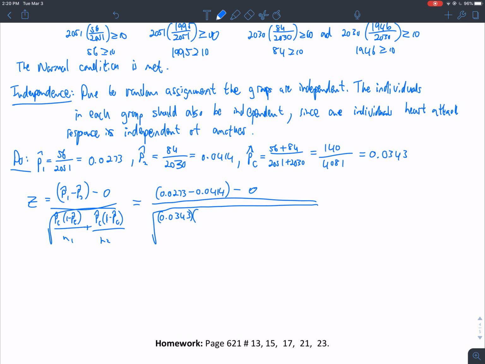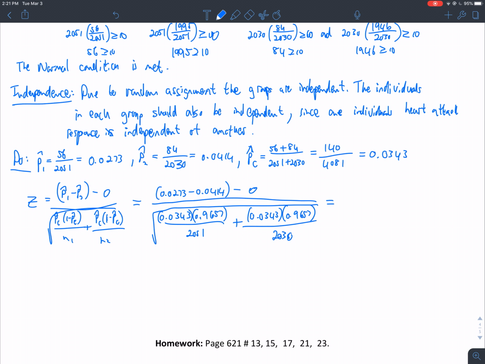That's what we got for p hat sub c, 0.0343, and then 0.9657 over n1, which was 2051, plus same thing again, 0.0343 times 0.9657 all over 2030. Okay, again, do not enter all of that in your calculator. That's disaster waiting to happen.